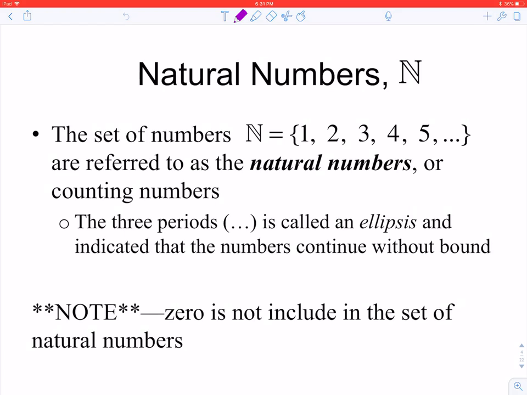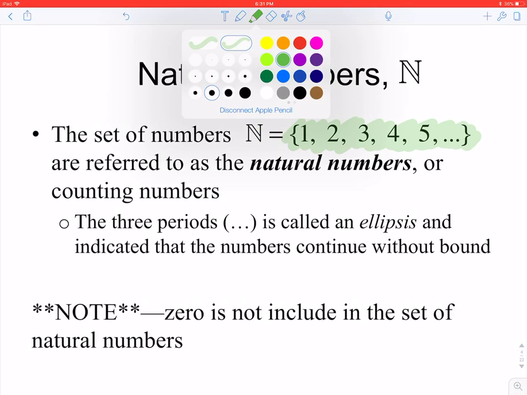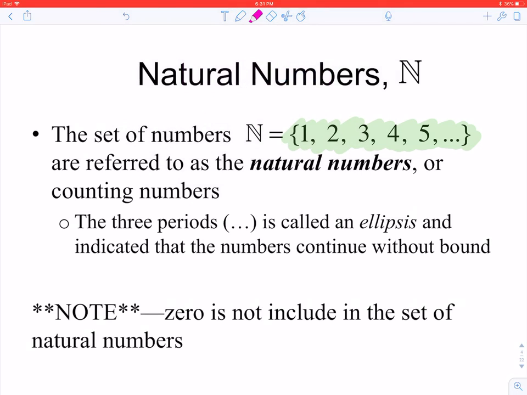Now, notice that I have the set of natural numbers represented here. I have the curly brackets to imply that it's a set of numbers. And notice that there are 3 periods after the 5. That's referred to as an ellipsis, and it indicates that the numbers will continue without bound.